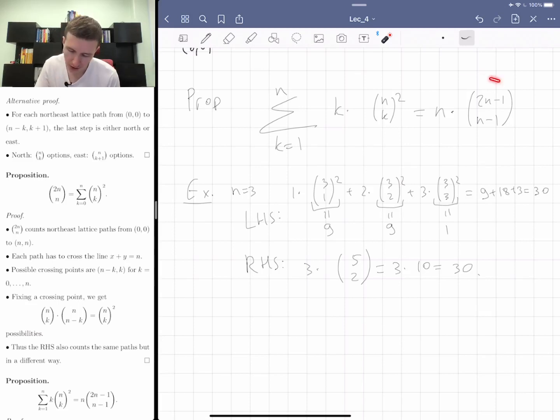So let's maybe start by analyzing the right-hand side. So there's n times 2n minus 1 choose n minus 1.